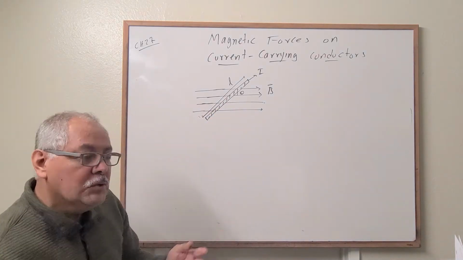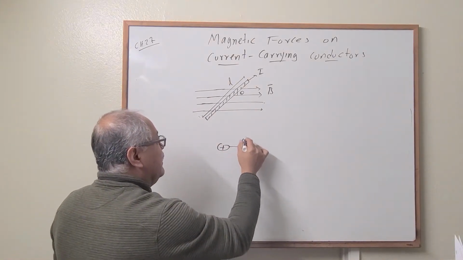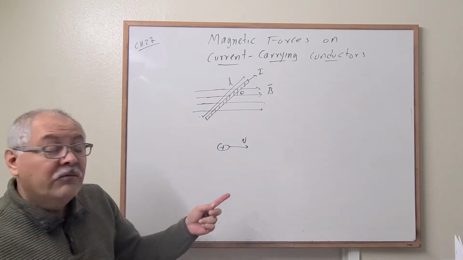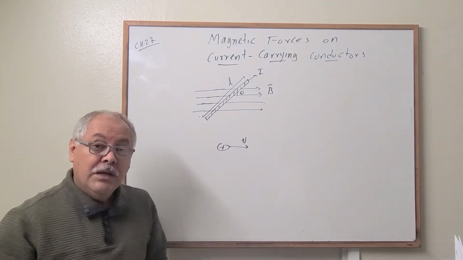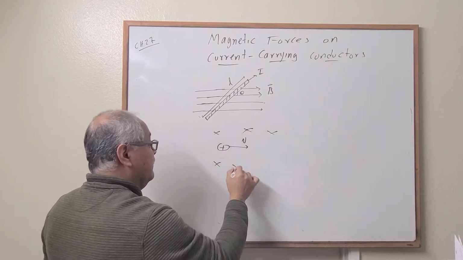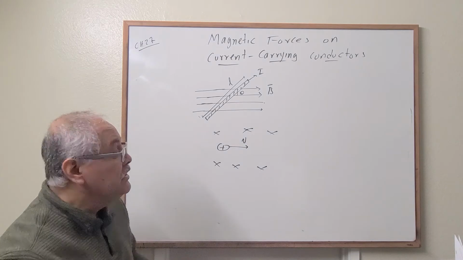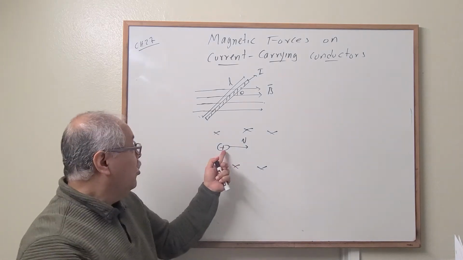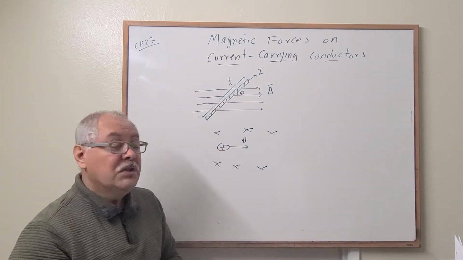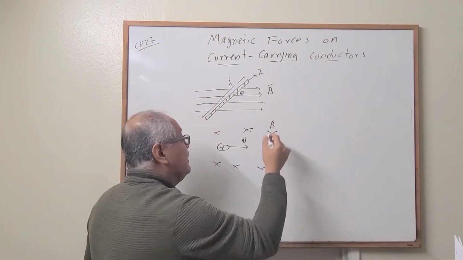Remember, we found that when we have a charged particle, by convention a positive charge, moving inside of this constant magnetic field, there is a force acting on this charge, and the force is perpendicular to the velocity and also perpendicular to the magnetic field.